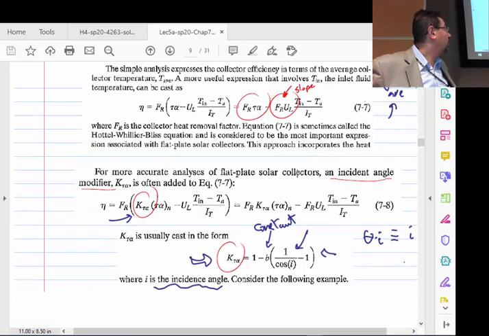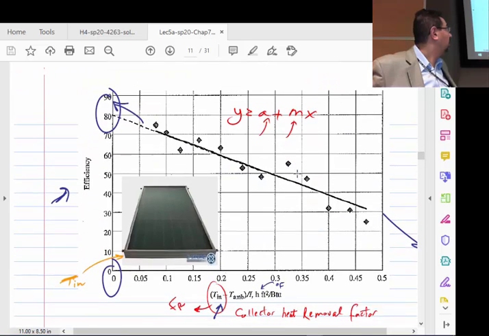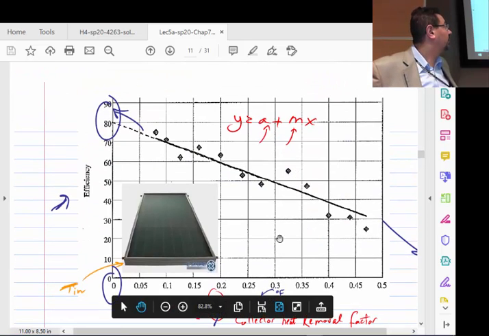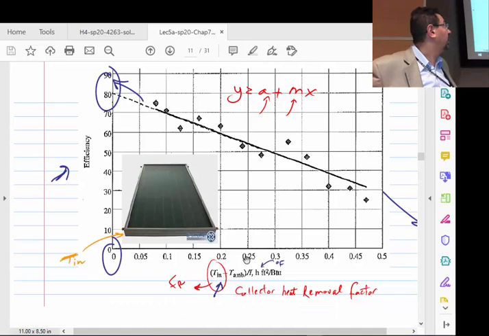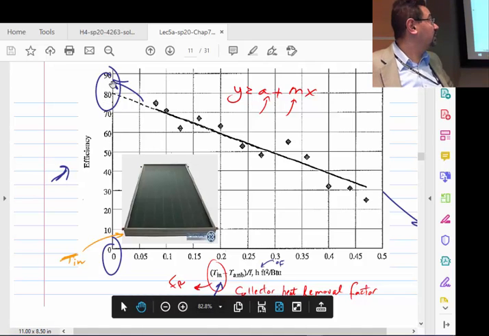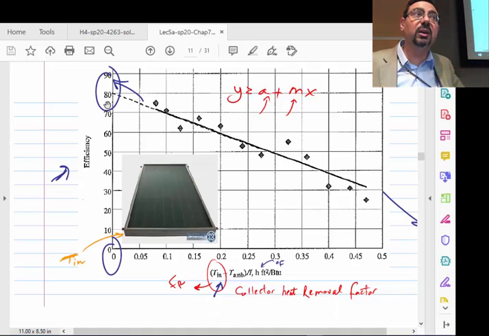Okay, and so let's jump a little bit. So this would be the graph. Okay, so here's efficiency, and over here it's T inlet minus T ambient. T inlet, not T average. Okay, so now when someone comes in with this, of course data will be scattered, as we all know. Whenever you measure something, it's never exactly correct. There is always error.